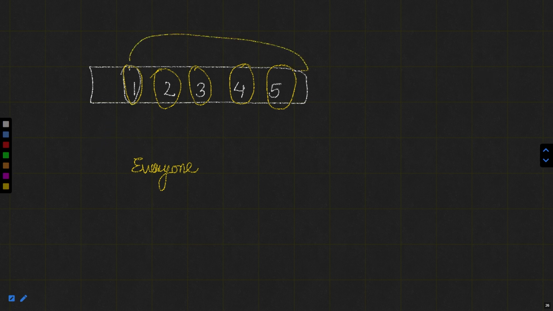But all is different from every. There are a few words: every, each, and all. All is always plural, though it can be used in singular form as well, but that we'll discuss later on.